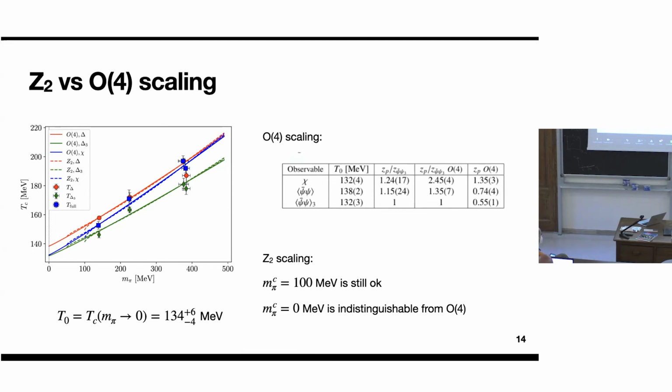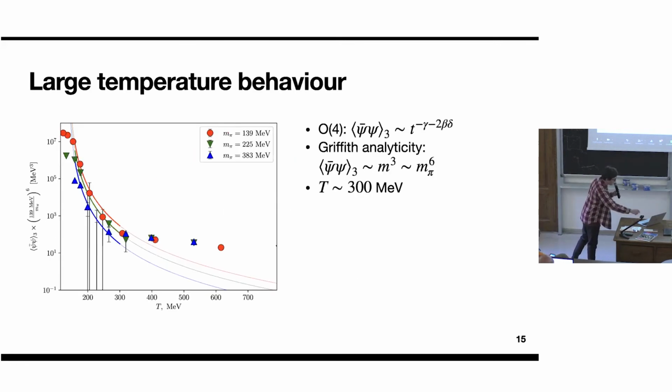But from the good point of view, if we take this critical pi mass equal to 0, then these fits are not distinguishable from O4 universality. So I would like to say that this prediction, 134 MeV for the critical temperature in the chiral limit, is robust against the different scenarios and different universality classes.